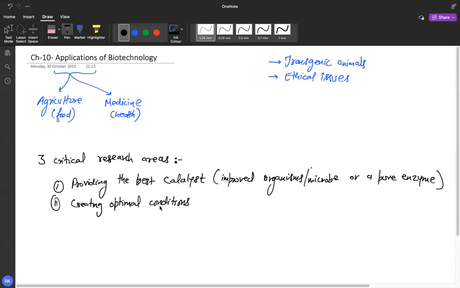So 30 years ago, the kind of reactors, incubators, refrigerators, and precision air conditioners we used to have to do biotechnology, 30 years down the line now, we use much more advanced versions. So, creating optimal conditions through engineering.